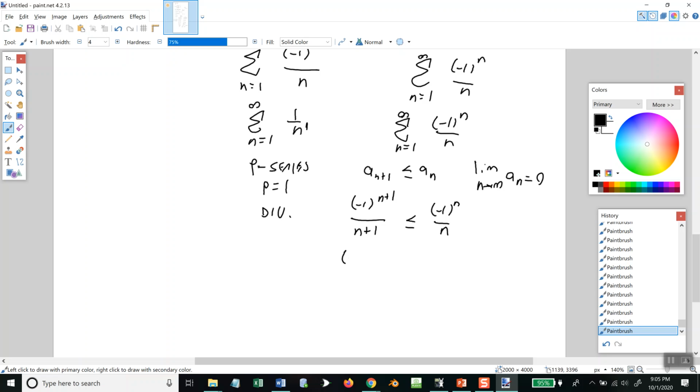So this I can rewrite as negative 1 to the n times negative 1 to the first power. Okay, that one's got me puzzled.